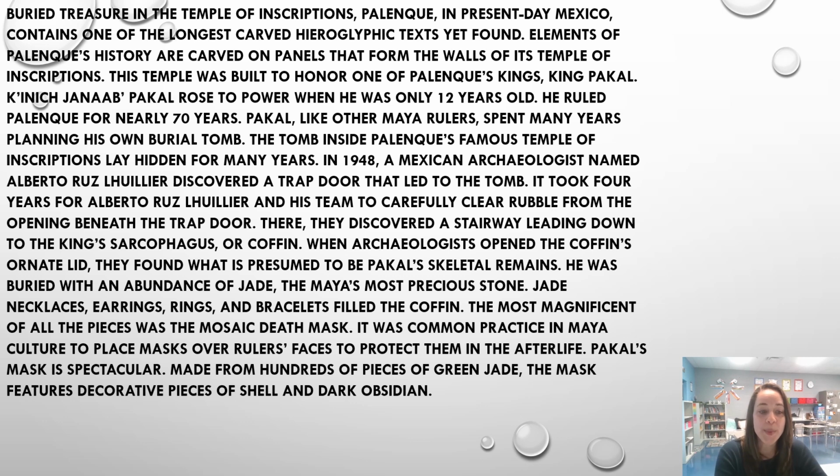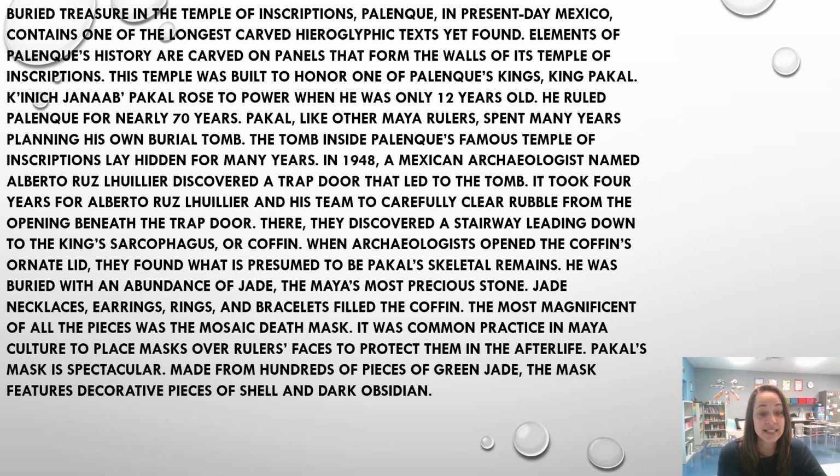When archaeologists opened the coffin's ornate lid, they found what is presumed to be Pakal's skeletal remains. He was buried with an abundance of jade, the Maya's most precious stone. Jade necklaces, earrings, rings, and bracelets filled the coffin. The most magnificent of all the pieces was the mosaic death mask.